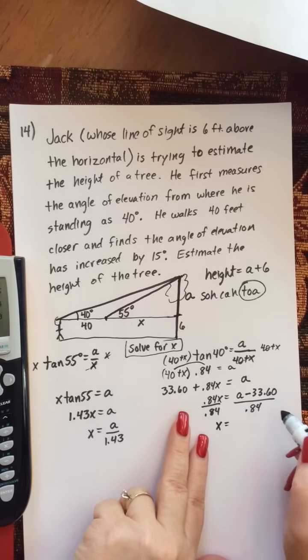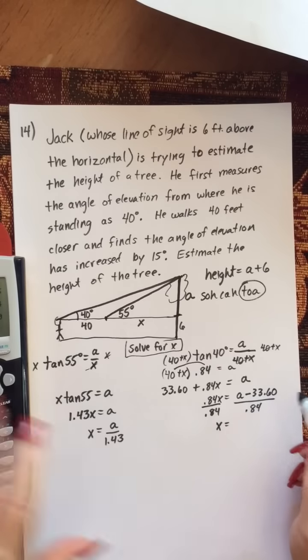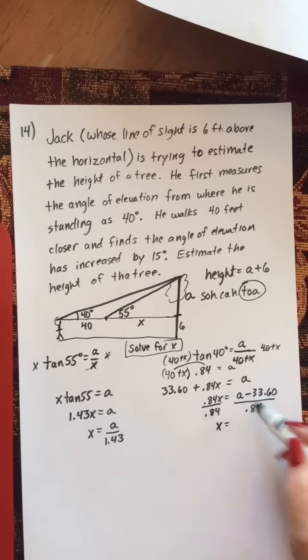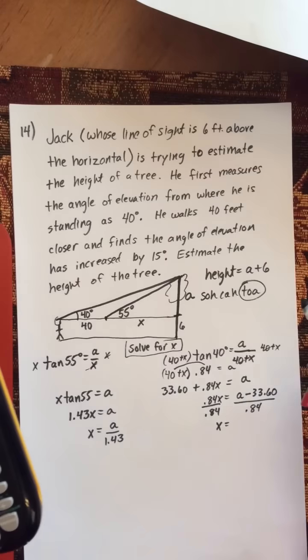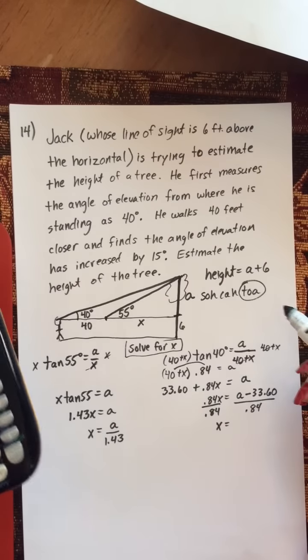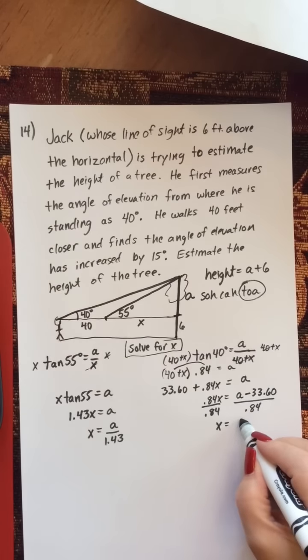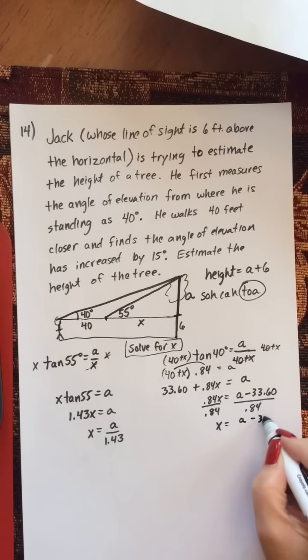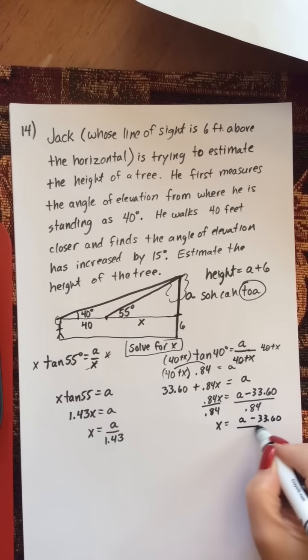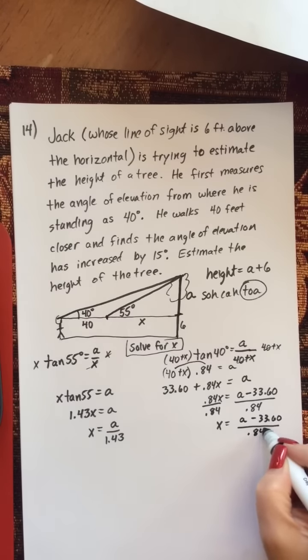So I get x is equal to this blob here, okay? Now, it's true that it's that blob, but I'll just leave it that way right now, okay? So I have a minus 33.60 divided by 0.84.